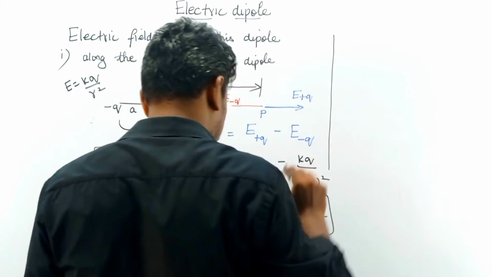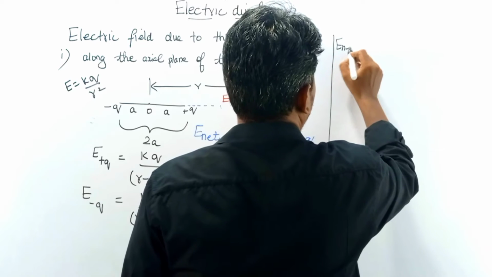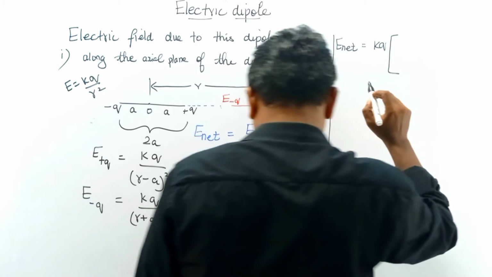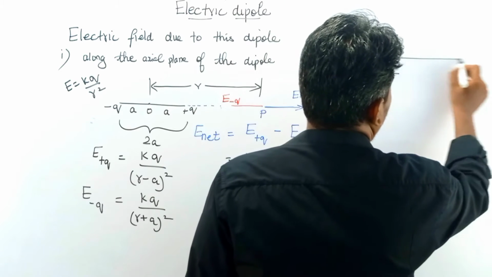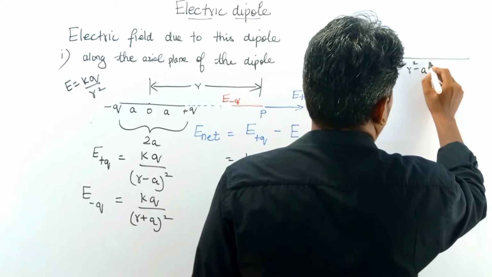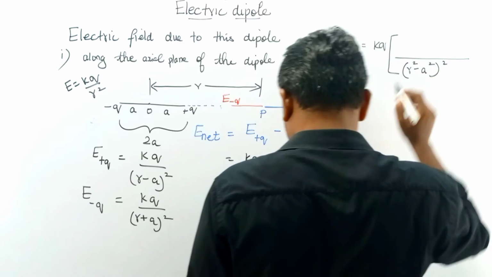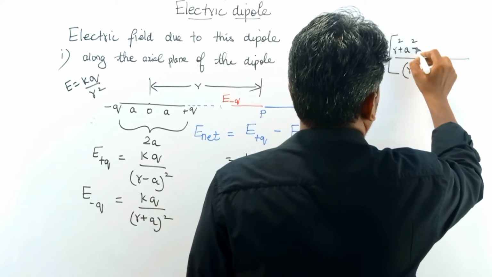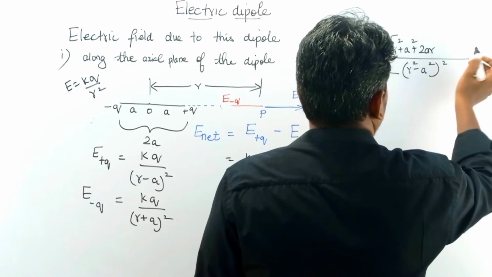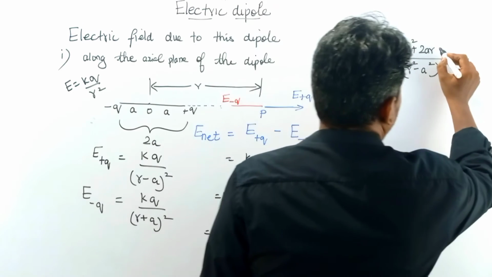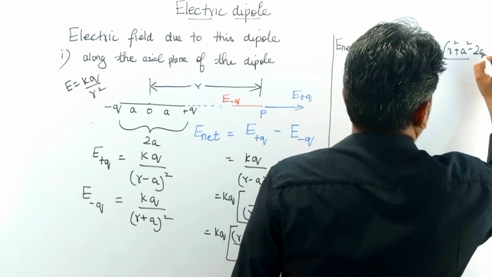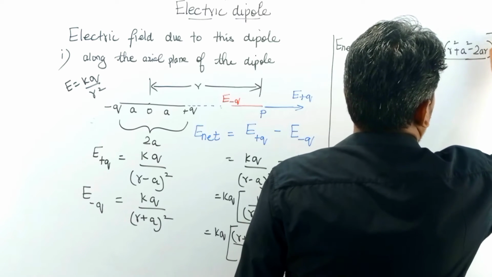When we expand this, E net will be equal to kQ, and in the denominator we have (r square minus a square) squared, and in the numerator r square plus a square plus 2ar, minus (r square plus a square minus 2ar).